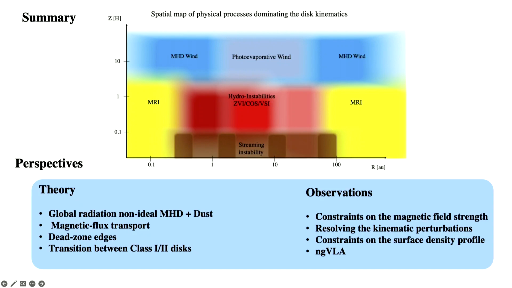Let's assume this is correct. There would be two consequences. First, can you take these molecular ions into account when deriving your alpha? And second, when you have equally charged grains everywhere, would that affect these instabilities?